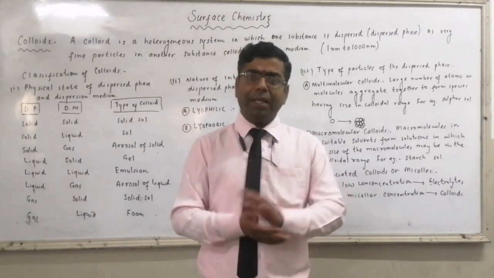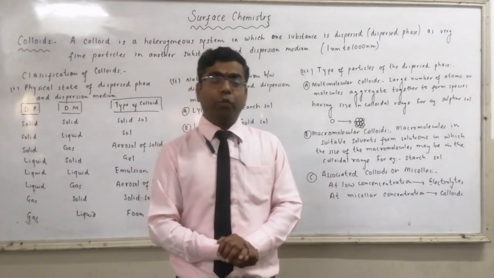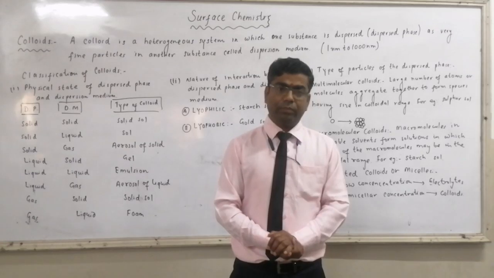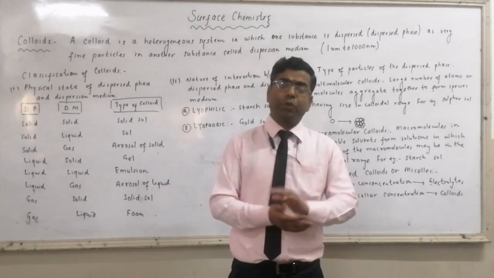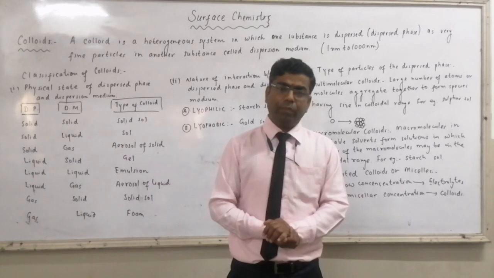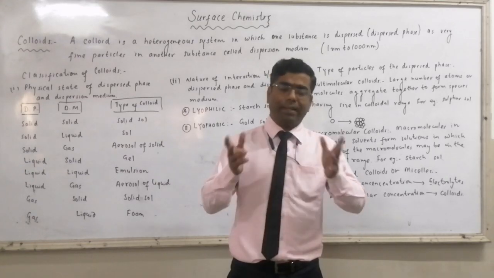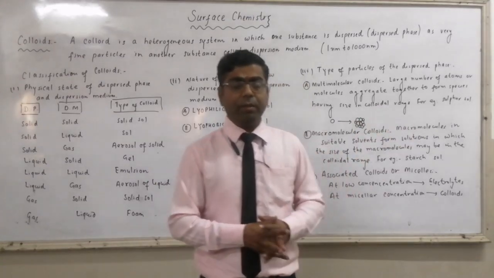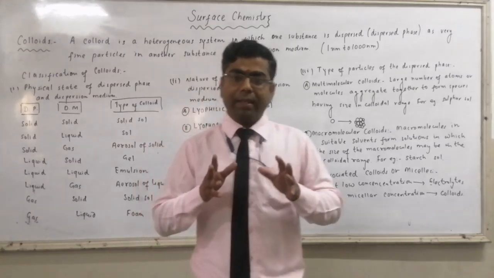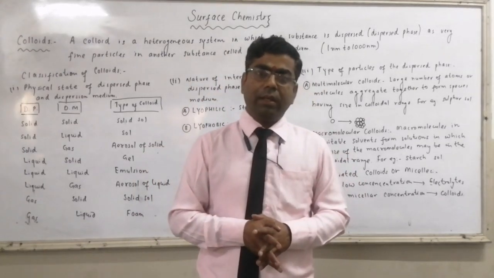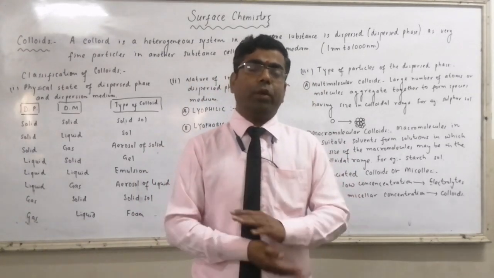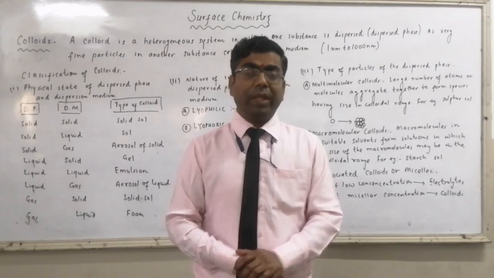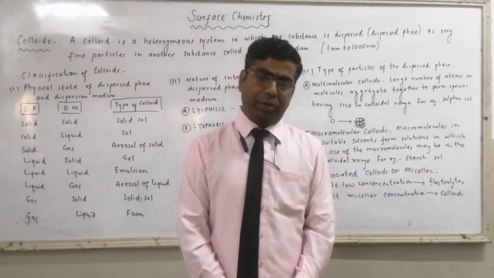When the particle size ranges between 1 nanometer to 1000 nanometer, then the mixture belongs to colloids, or the mixture are called colloids. And last one is suspension. If the particle size is more than 1000 nanometer, then the mixtures are called suspension.